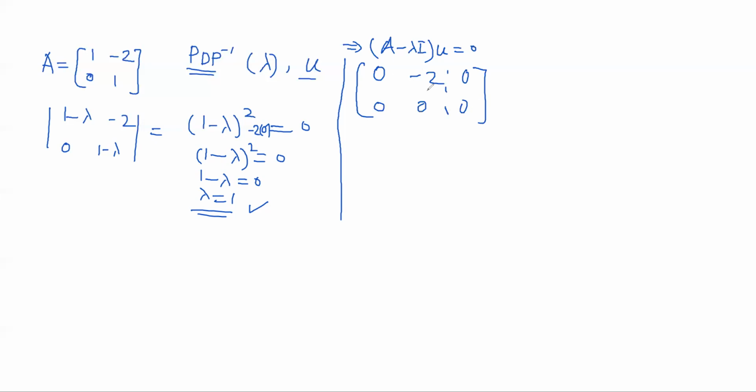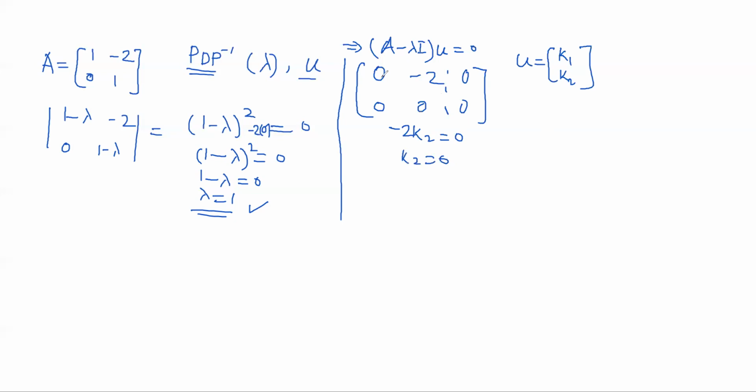This is fine. From the first row, if vector u is k1, k2, then -2 k2 is equal to 0. So k2 is equal to 0.